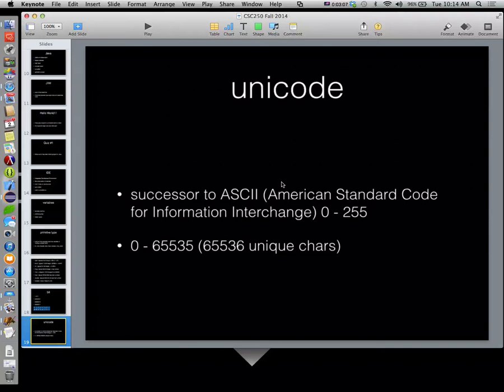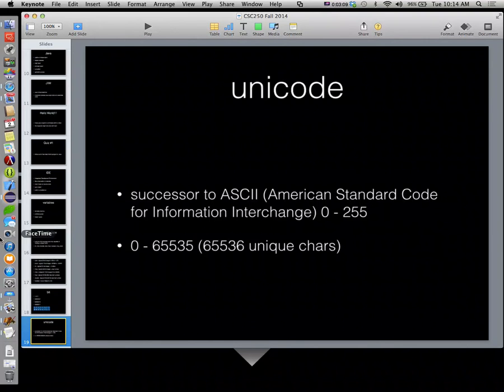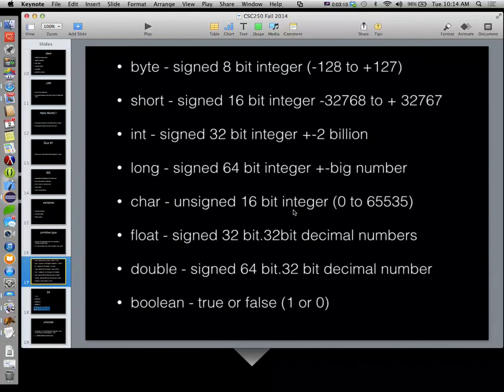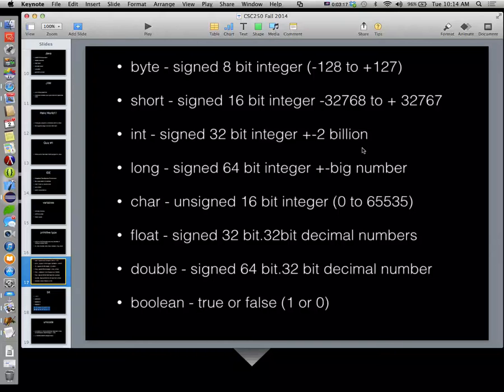Well then we talked about Unicode. Unicode was related to the char primitive type, which is an unsigned 16-bit integer, 0 to 65,535. So that's the 65,536 unique characters that can be mapped from a 16-bit binary number to an actual character.